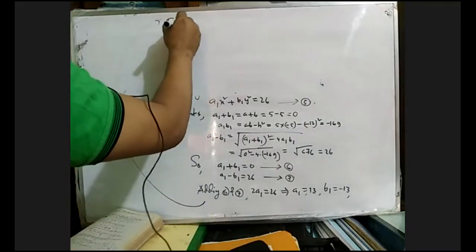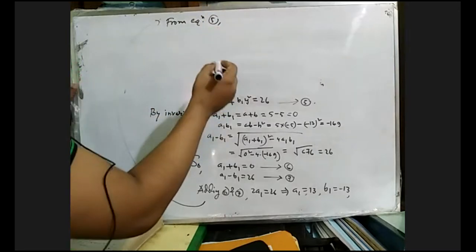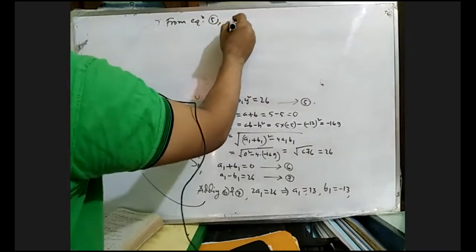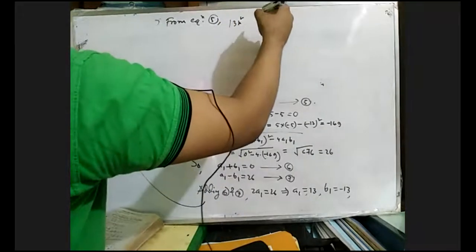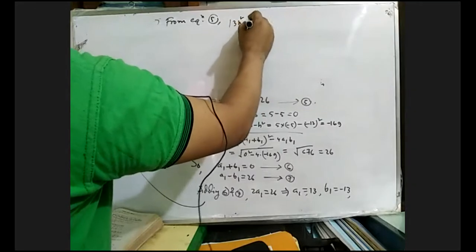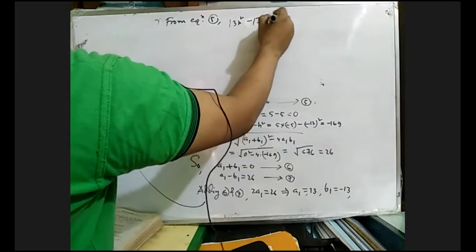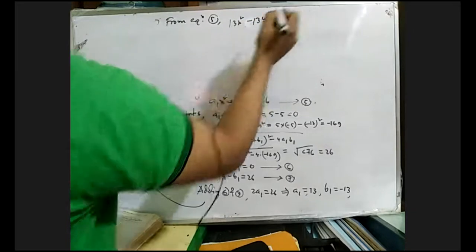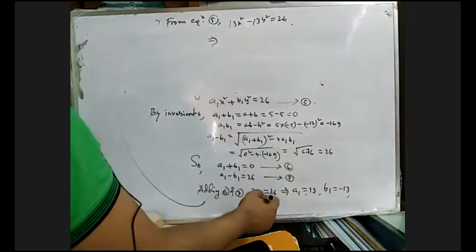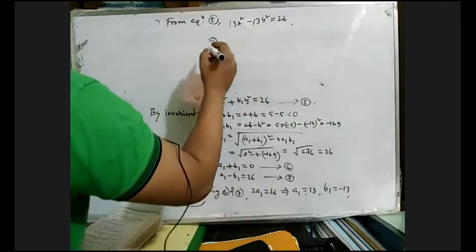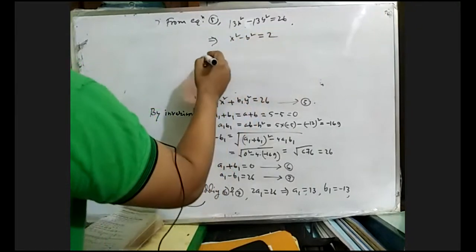So from equation 5, we get 13 x square plus minus 13 y square equals to what will be 26. Just putting the values of a1 and b1, we get x square minus y square equals to 2.